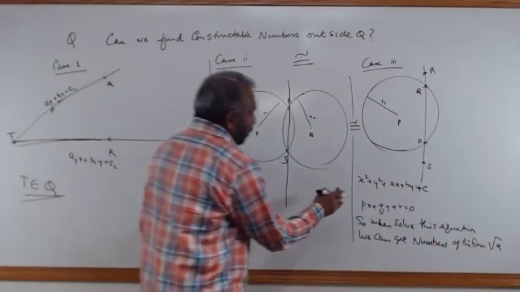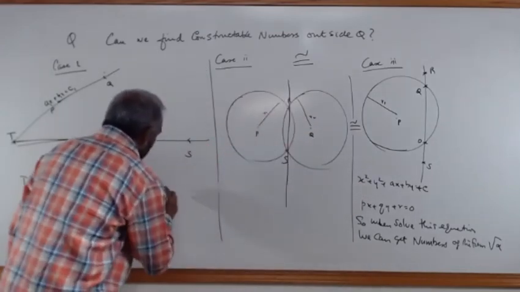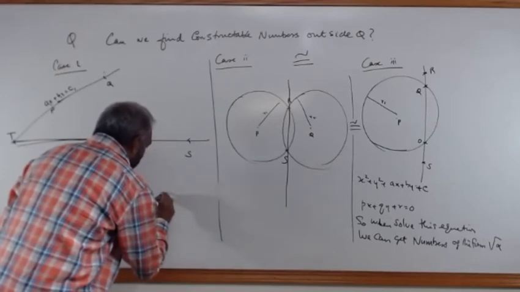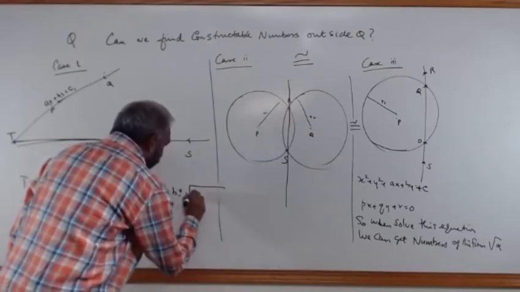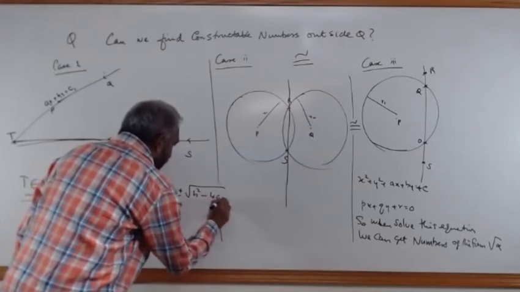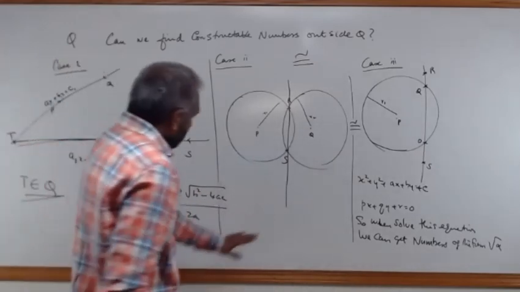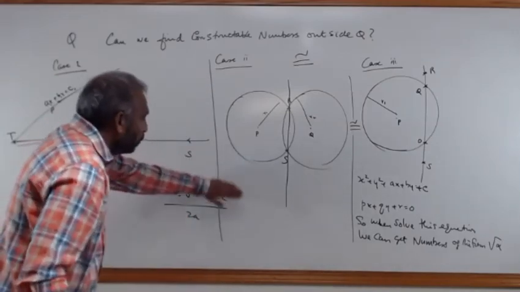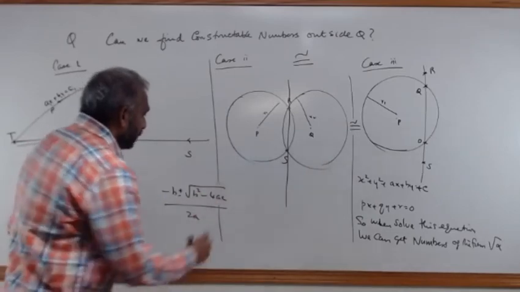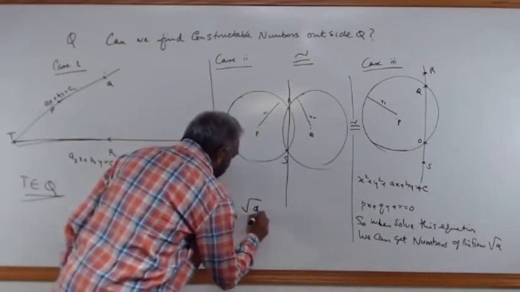Because finally we are going to solve a quadratic equation, and when you do the quadratic equation, the result is going to be like minus b plus or minus root of b square minus 4ac by 2a. So once you solve this one, you can get something like root of alpha.